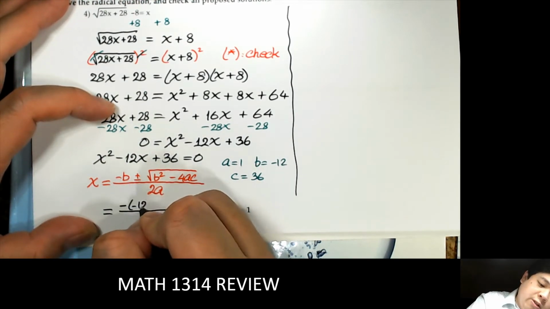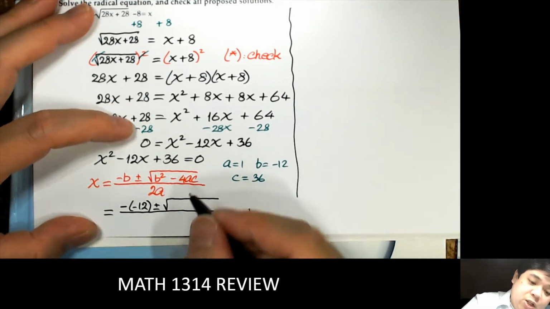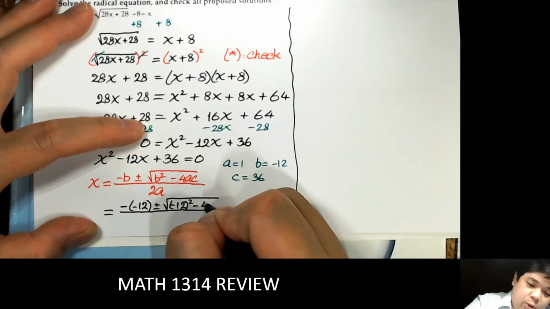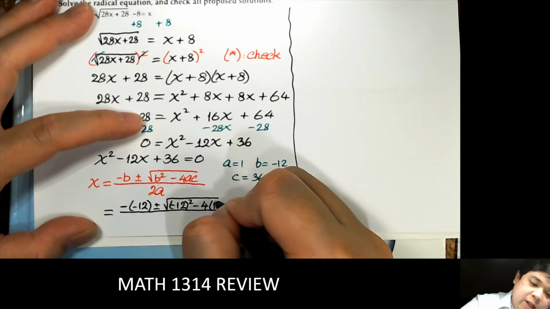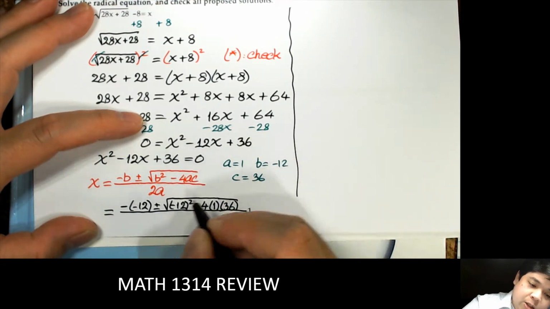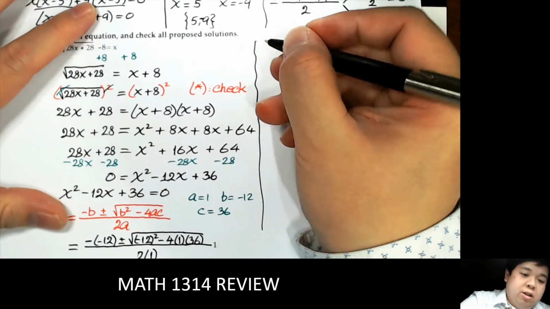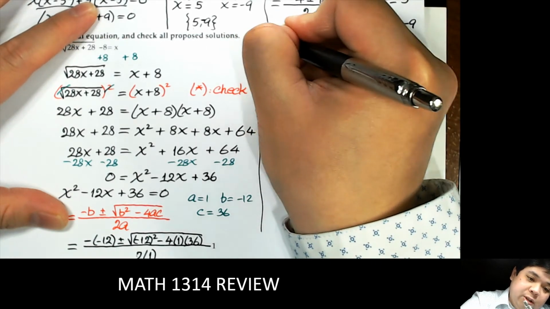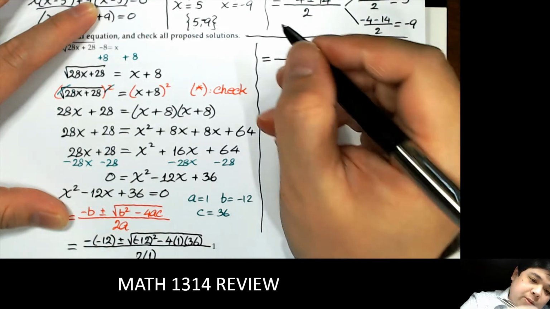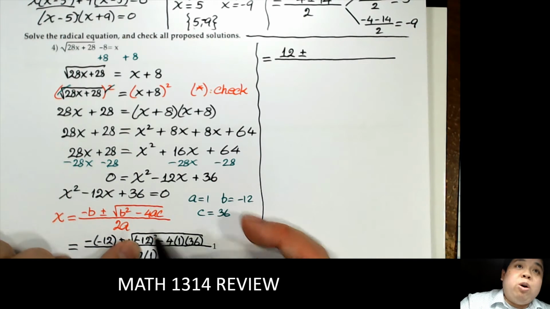Negative b, negative 12, plus or minus the square root of b squared, negative 12 squared, minus 4ac, over 2 times 1, equal to 12 plus or minus the square root of 144 minus 144.